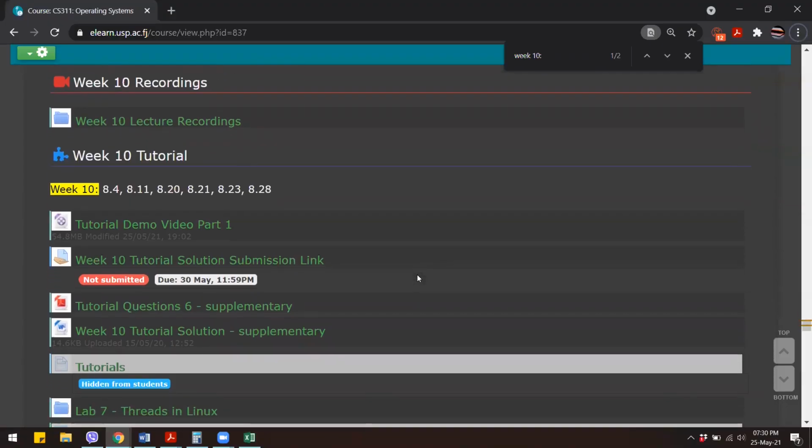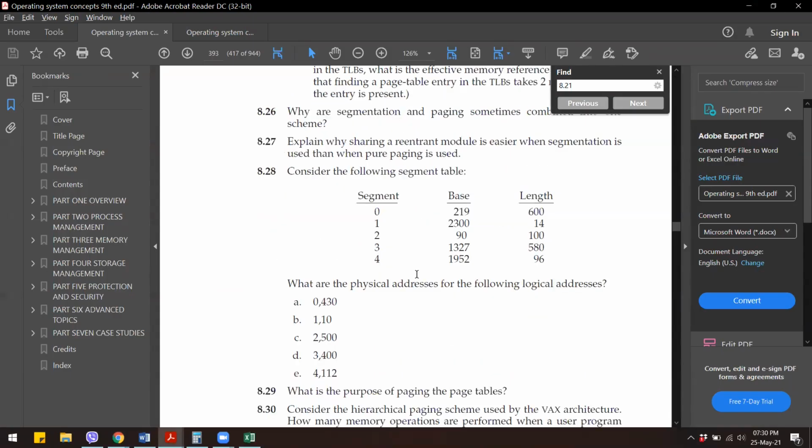Next one is 8.28. We are given a segment table, and we have to find the physical addresses for the following logical addresses. In the paging memory management method, we have pages and we have a page table. In the segmentation method, we have a segment table.